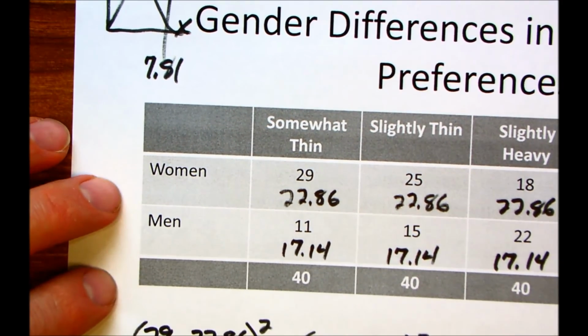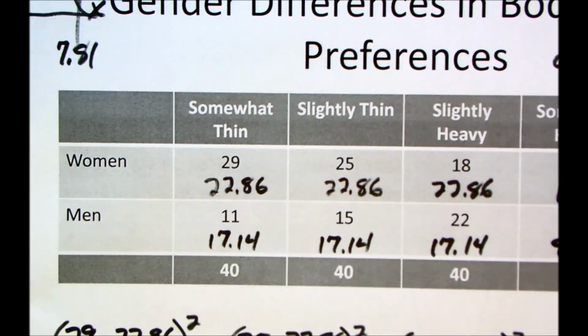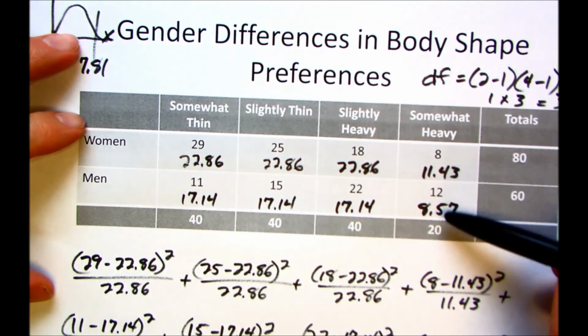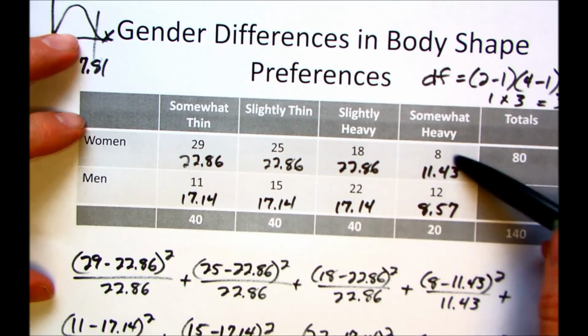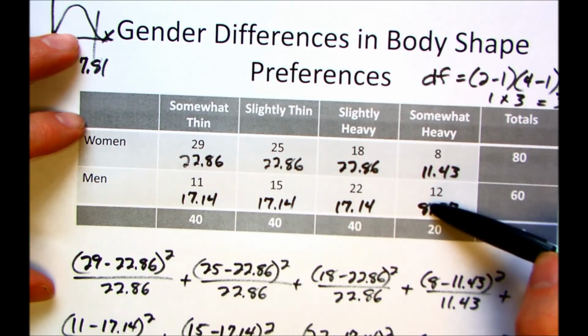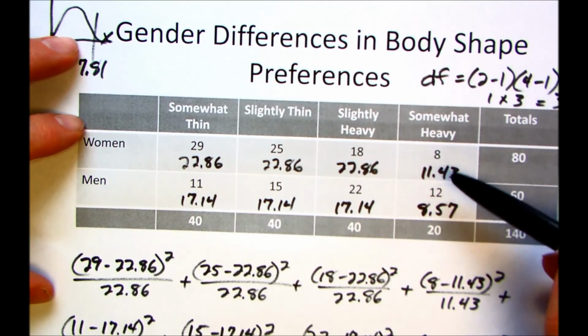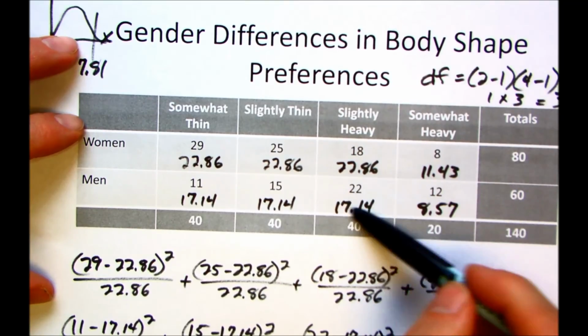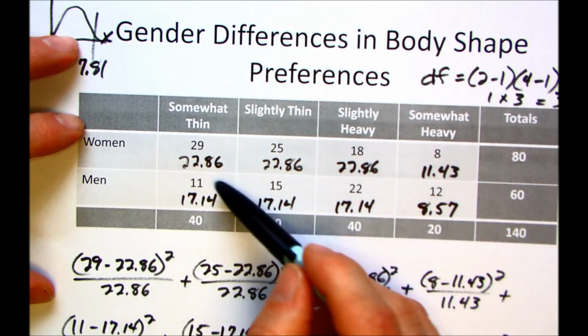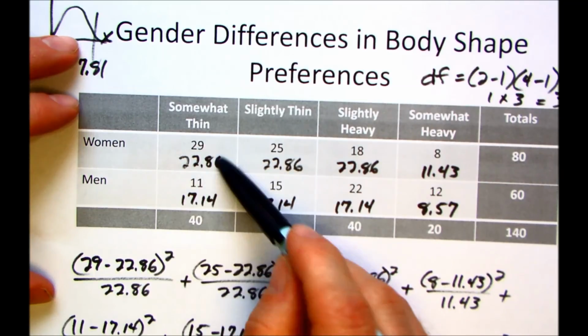To interpret the data, we look back at the observed and expected frequencies and ask where we see the big differences. We see that men were more likely to like somewhat heavy body shapes as compared to women. We see this for the slightly heavy as well, and then we see differences on the other side too.